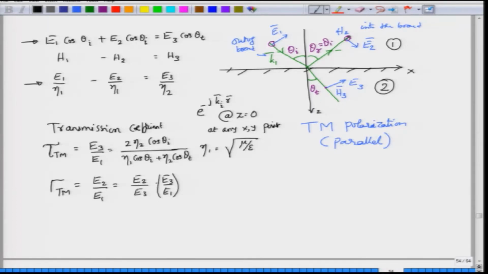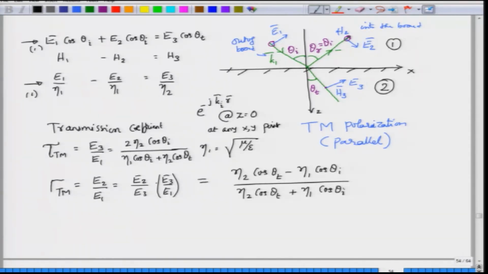You can find E2 by E3 by subtracting equation 1 and equation 2, and then adjusting the equations to get the required ratio, and you can show that this is basically given by eta 2 cos theta t minus eta 1 cos theta I divided by eta 2 cos theta t plus eta 1 cos theta I. Okay.